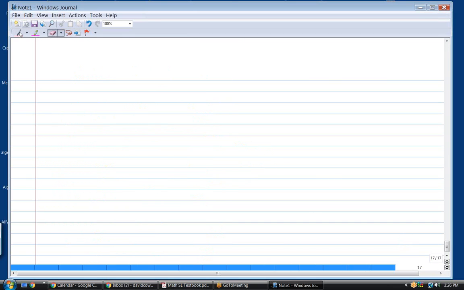What are the 3 Pythagorean identities? The ones involving squares and ones. First one. Sine squared plus cosine squared equals? Equals 1.